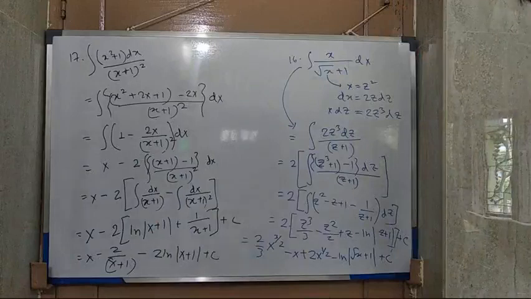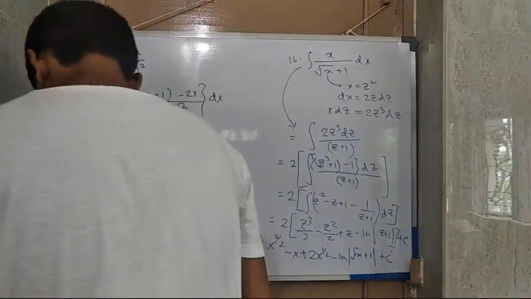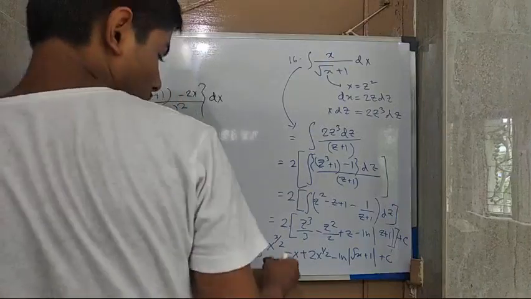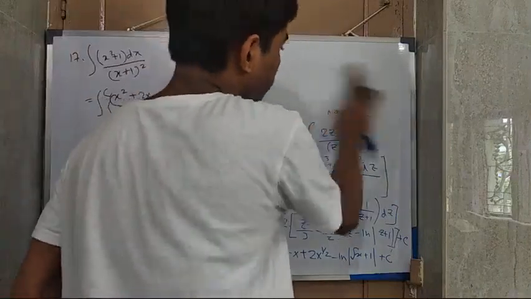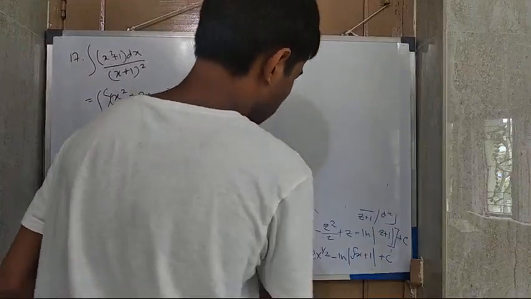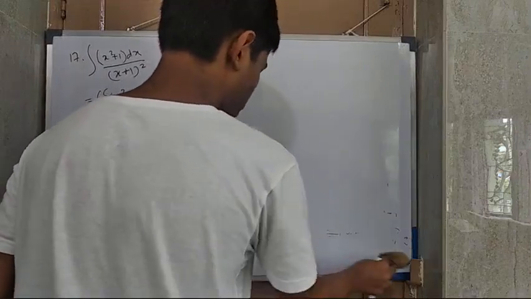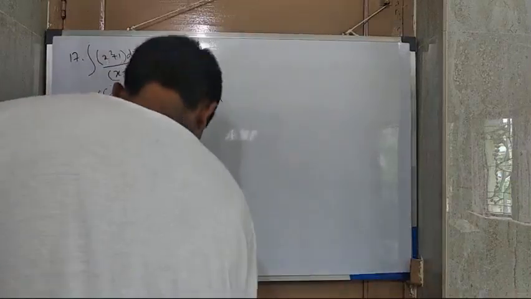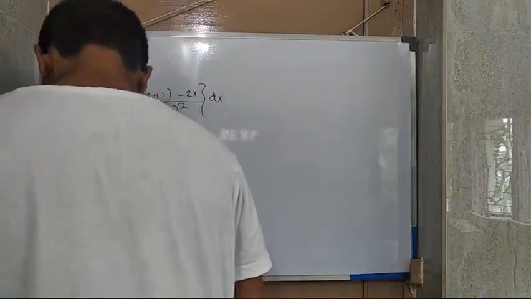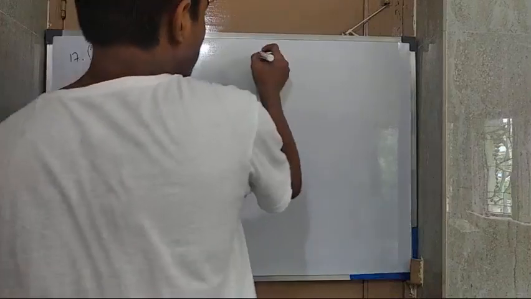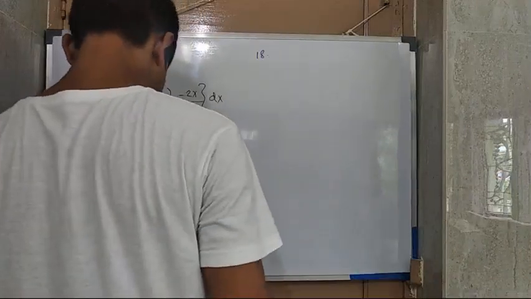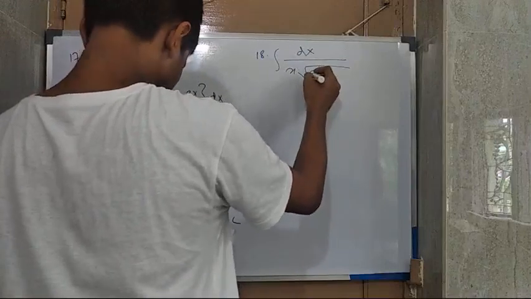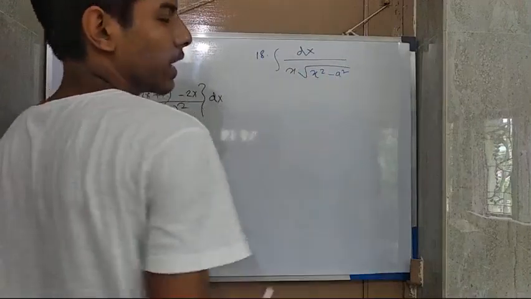So now let's proceed for the 18th question, which is integral dx divided by x root under x squared minus a squared.